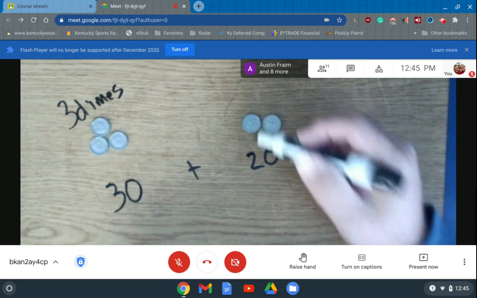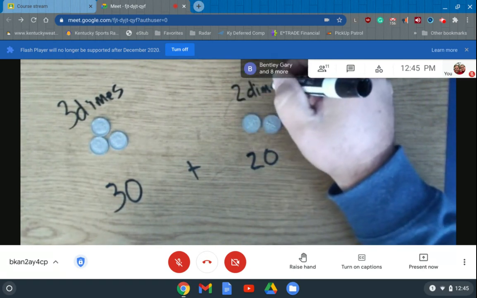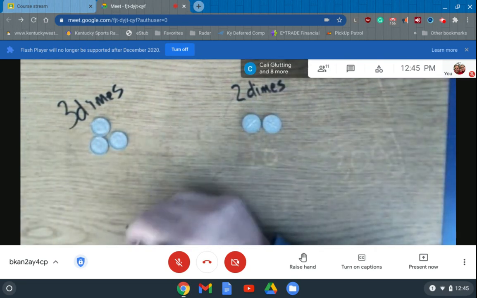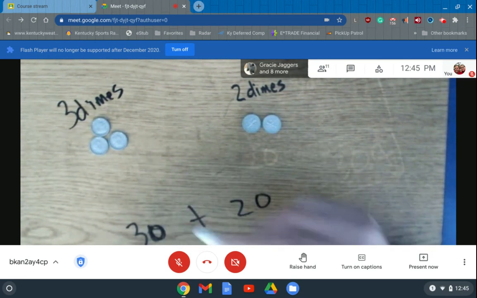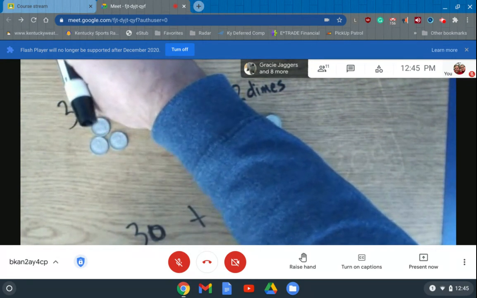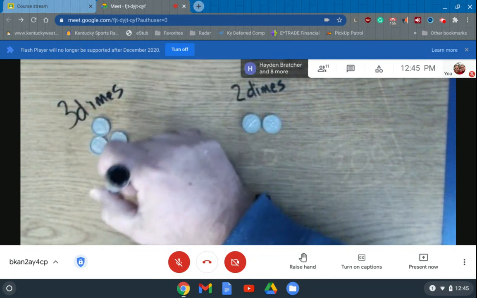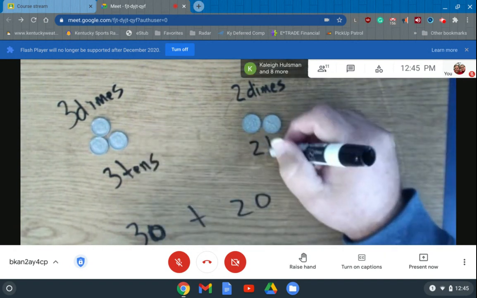And what does this look like? It looks like 2 dimes. Okay. And I'm going to write this down here a little bit lower. And 3 dimes is the same thing as 3 tens. 2 dimes is the same thing as 2 tens.